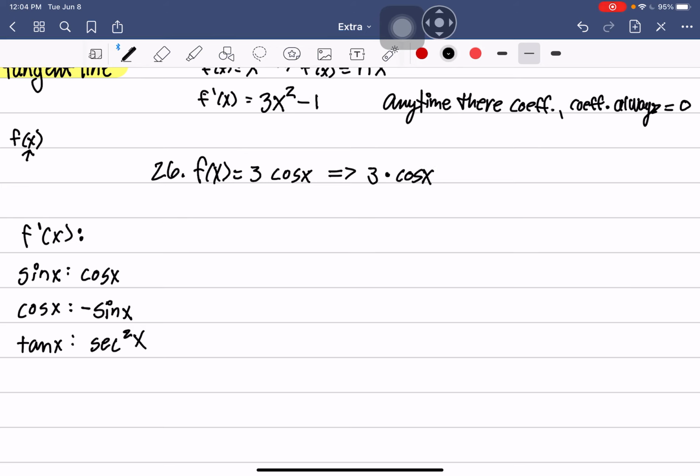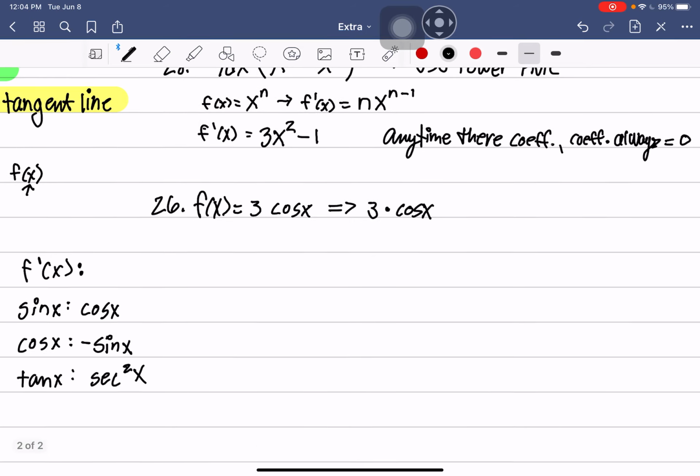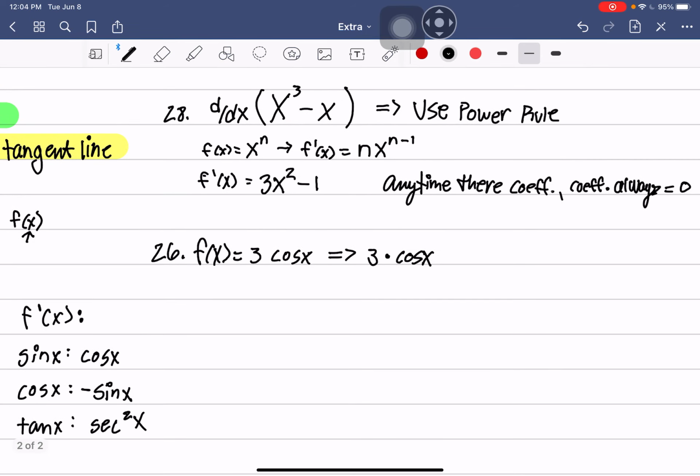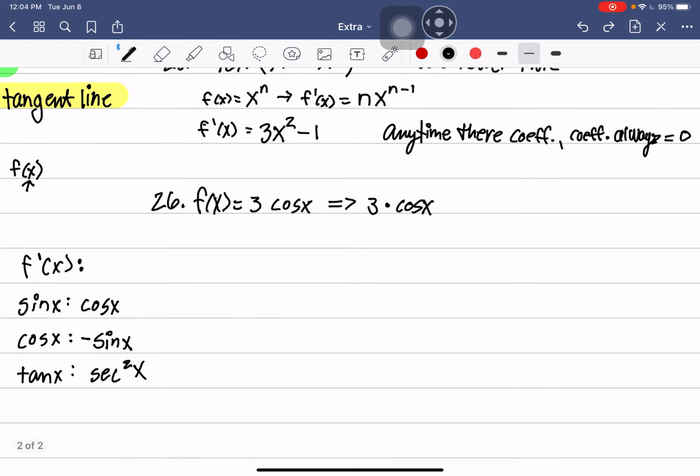But we don't know how to do that quite yet. We know how to take the derivative of basics like this, like subtraction, or if this was addition, you would just flip that like that. But we don't know how to do multiplication. So that's when we use the product rule.